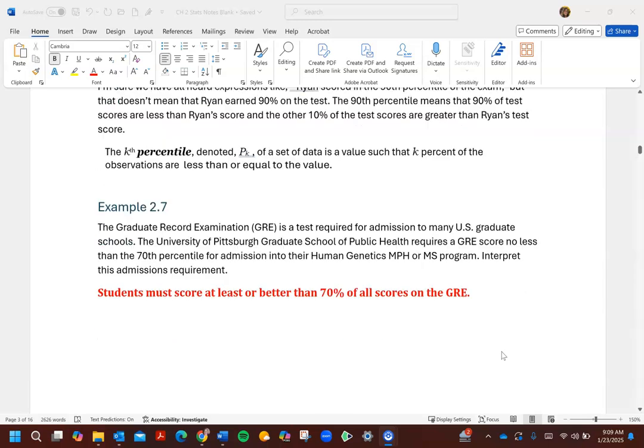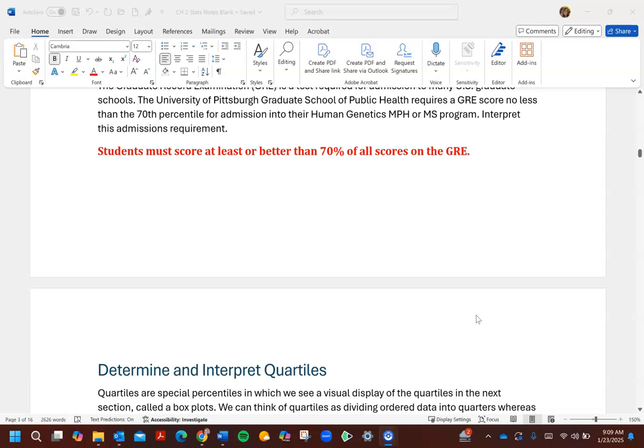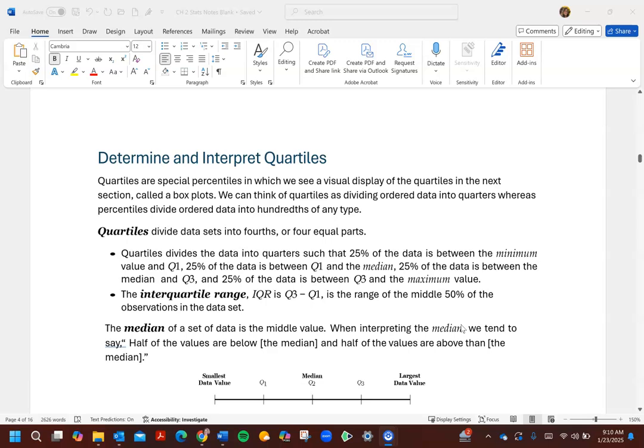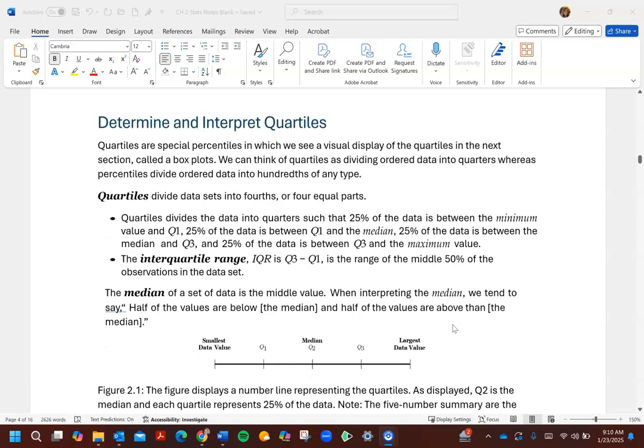Remember, it's relative to the group if you think about percentiles versus percentage. I hope that helps clarify that. And so the scores we're going to be looking at for data are relative to the group.